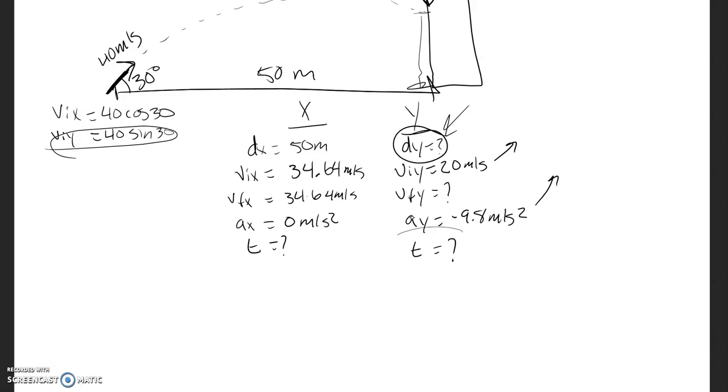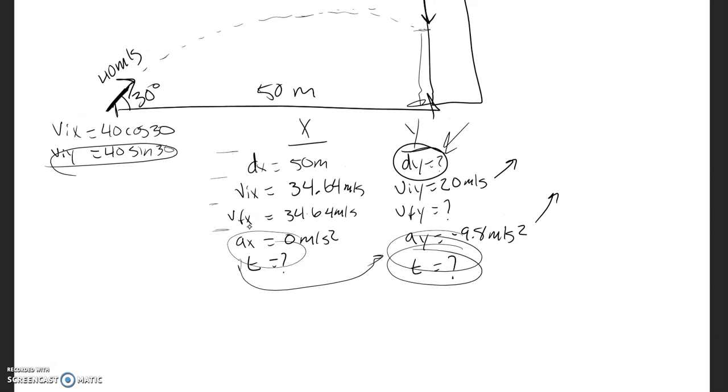It's time. If we can solve for time in the x, we can move that over and use it in the vertical motion. The x needs 4 knowns, and we do have all 4 knowns in the x, so we can solve for time.